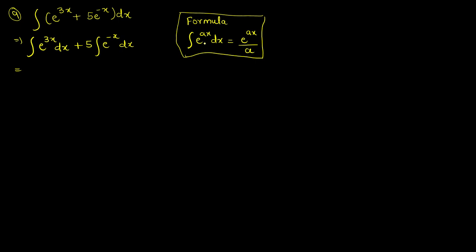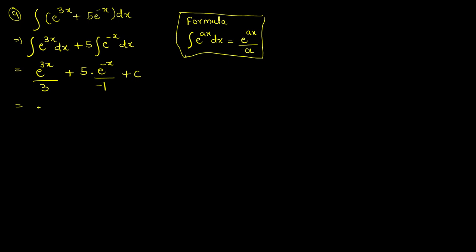So comparing with this formula, e power ax is e power ax, so e power 3x will be e power 3x, but whatever is multiplied with x comes to the denominator. So we have here 3, that will be in the denominator, plus 5, again e power x as it is. Whatever is multiplied by x comes to the denominator. So there is nothing multiplied, but we see a minus sign, that means it has minus 1 in multiplication. So minus 1 comes in the denominator, adding a constant of integration c.